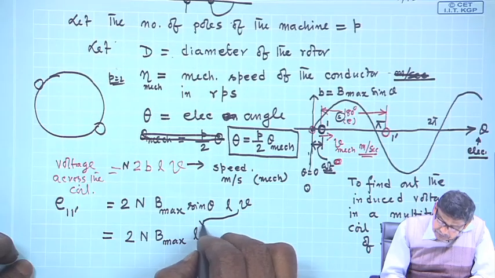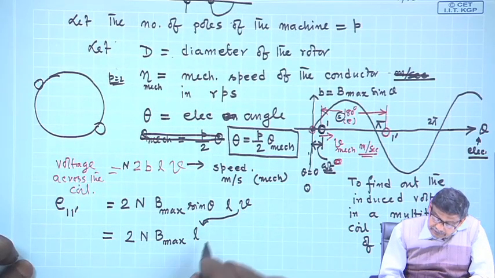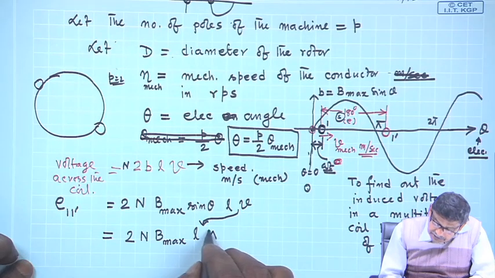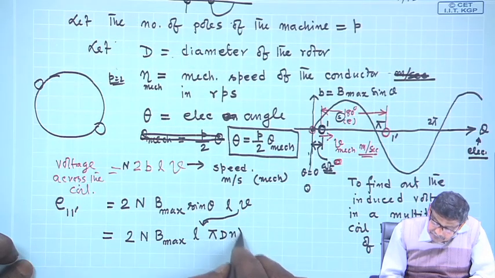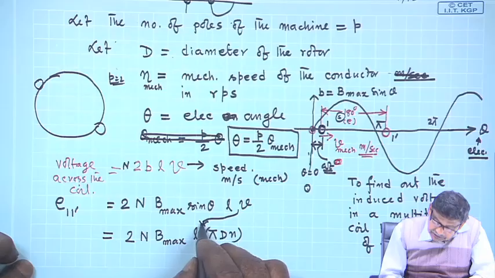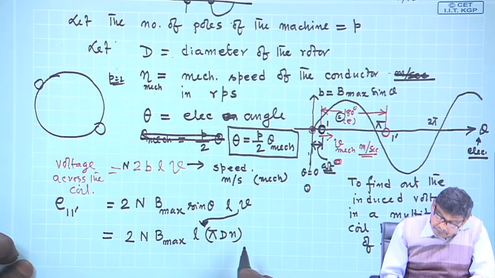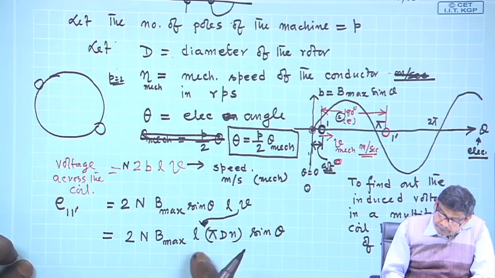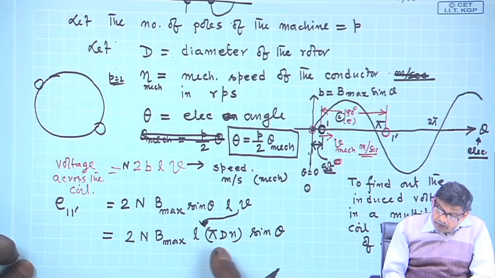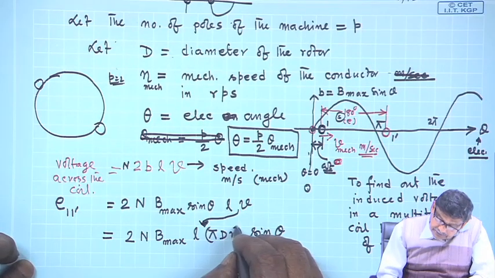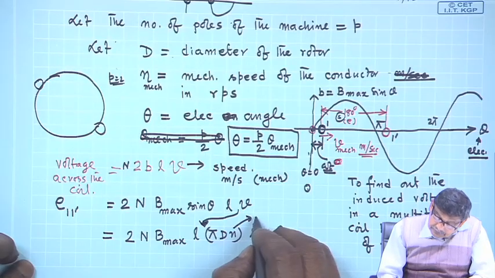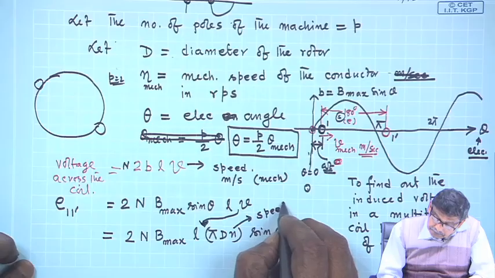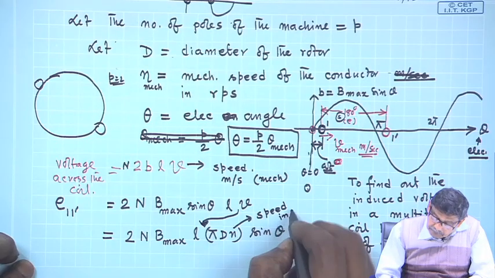Next, I will write down the velocity V in meter per second, which is equal to pi d n, into sin theta. This is the thing, where n is speed in RPS, mechanical RPS.